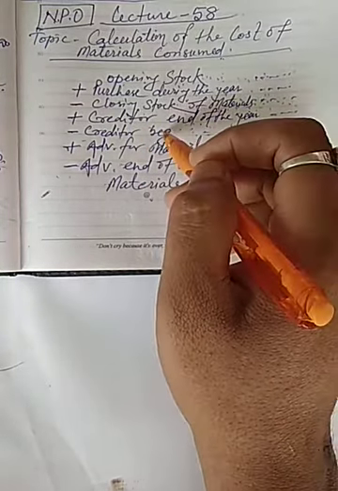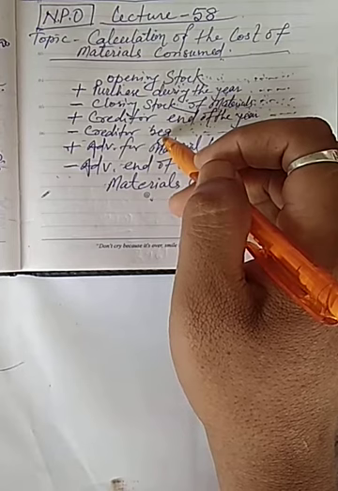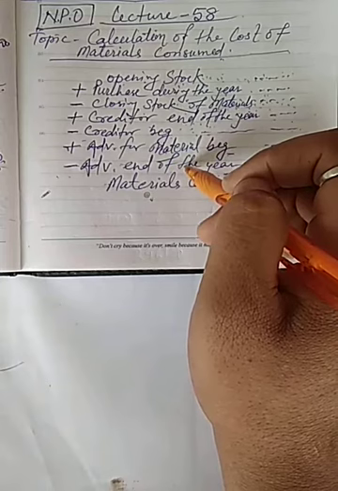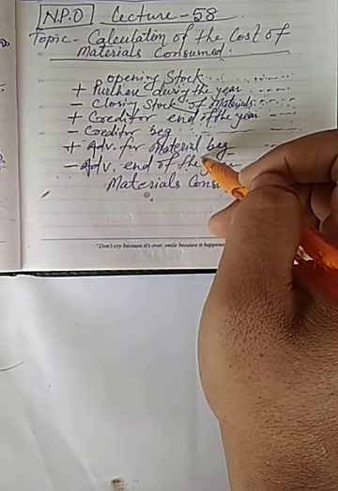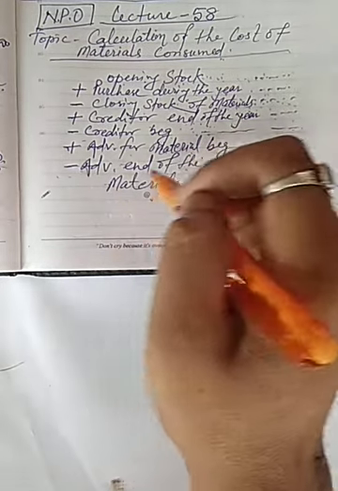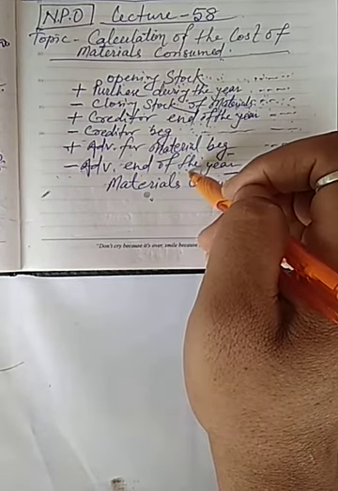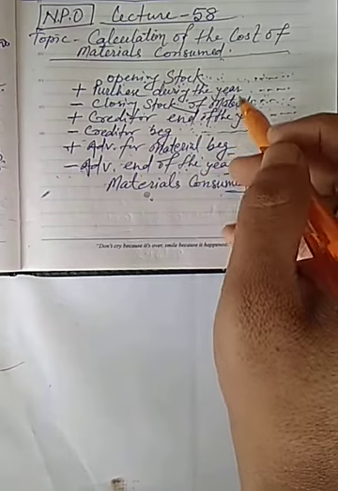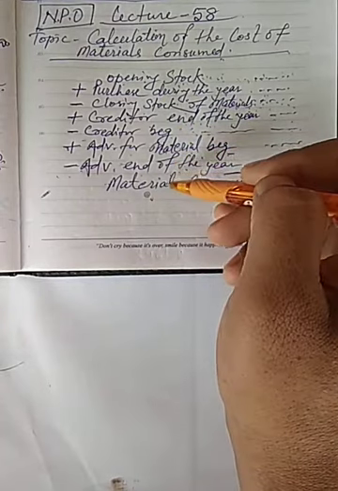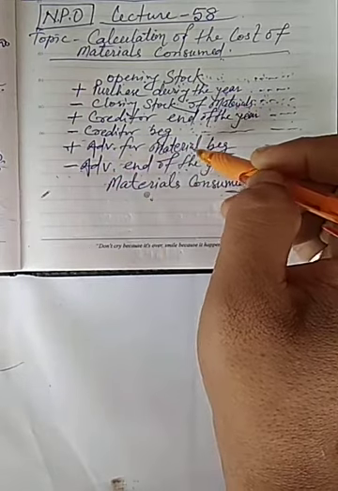Creditor at the beginning will be shown in the opening balance sheet. Same for advance for material: at the beginning it will be shown on the asset side of the opening balance sheet, and advance at the end will be shown on the asset side of the closing balance sheet. So this will be the same as we have done in case of subscription.